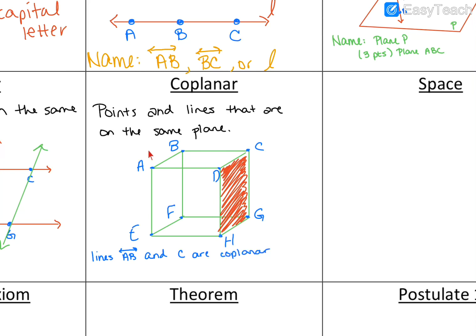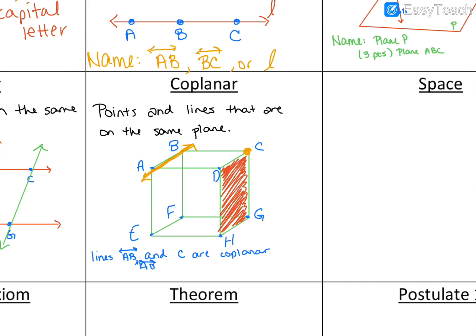Okay, so let me show you. So this line that goes through AB, so I can probably put this in a different color so you guys can see. So this line that goes right here, along with this point C, are all on that top of the box. So because of that, they're all coplanar. We could even include in there AD.